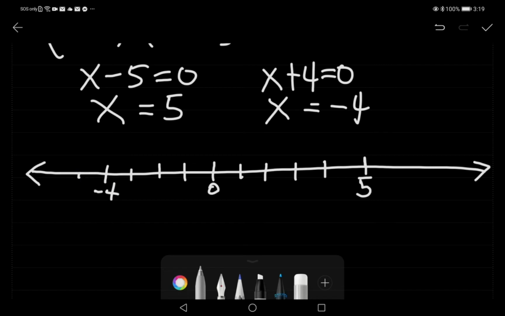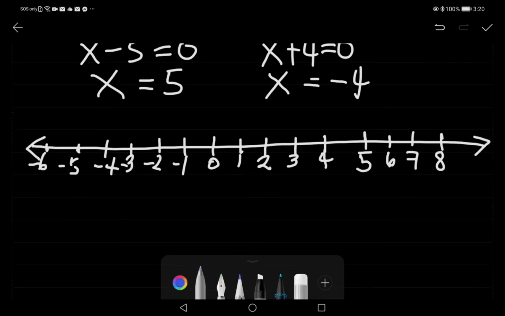And then -5, then -6. So this is 4, 3, 2, 1, -1, -2, -3. And this is 6, 7, 8.